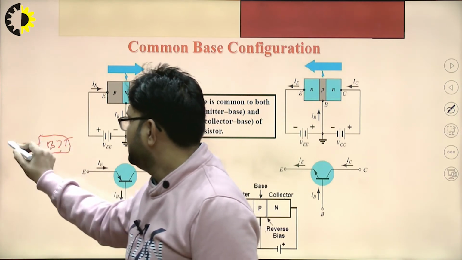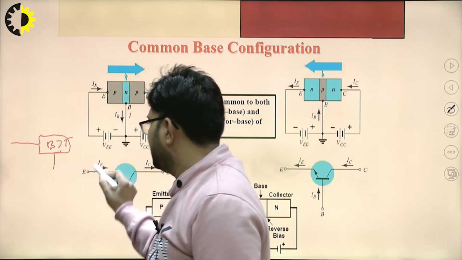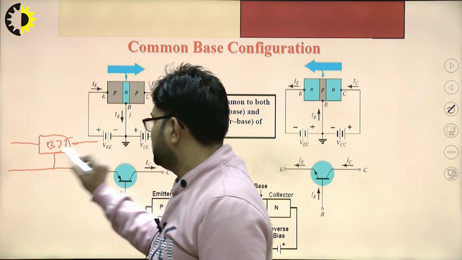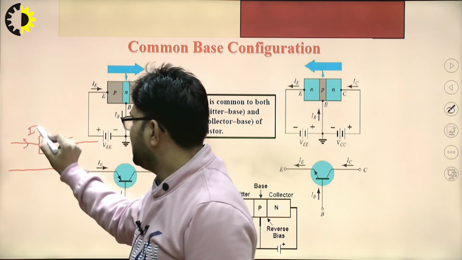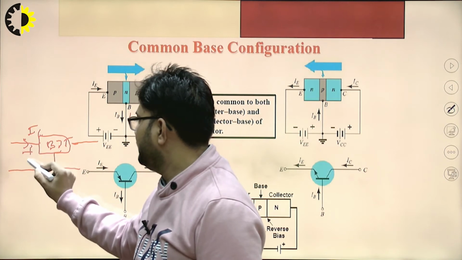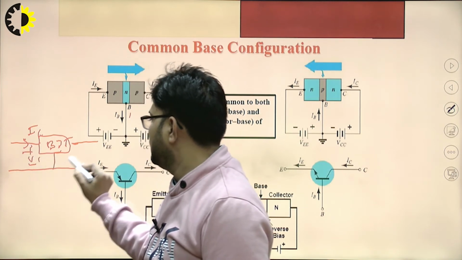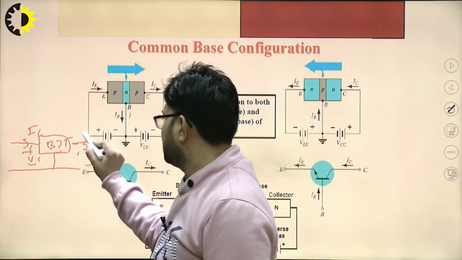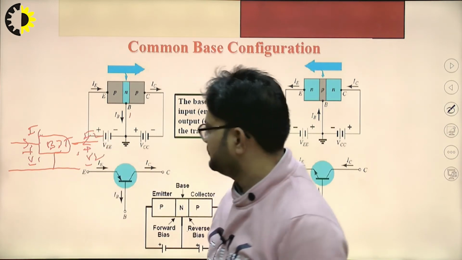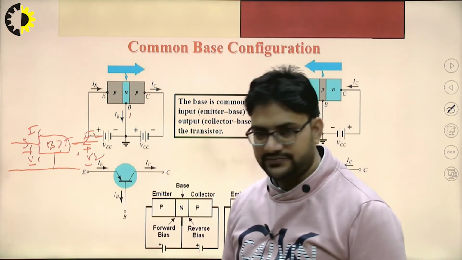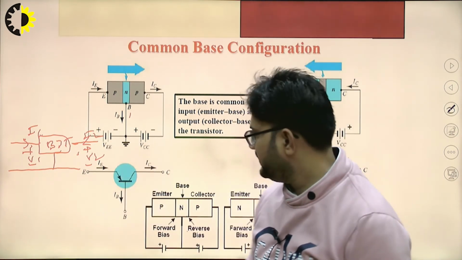This is your input side, that is I1, and input voltage is V1, output voltage is V2, current is I2. So this is the common thing that we have.